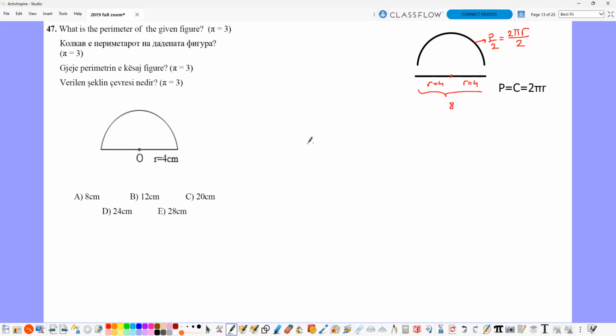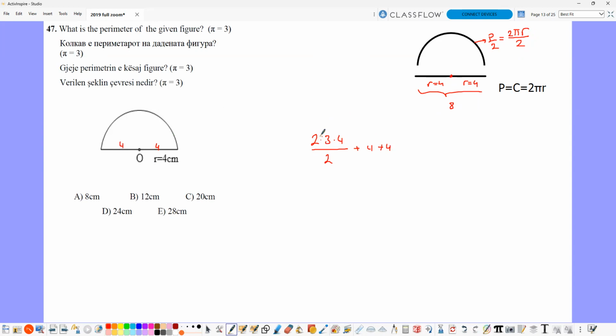With respect to this given information, 2 times pi, pi is given as 3, times r is equal to 4, divided by 2, plus the first radius I mentioned plus the second radius here. This is 4 plus 4, which is equal to 8.